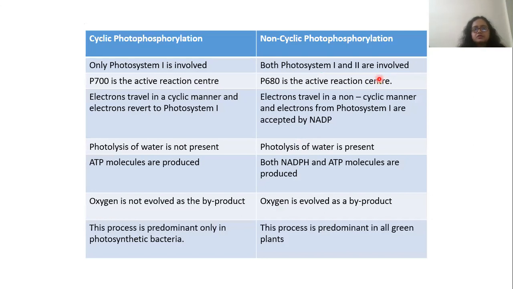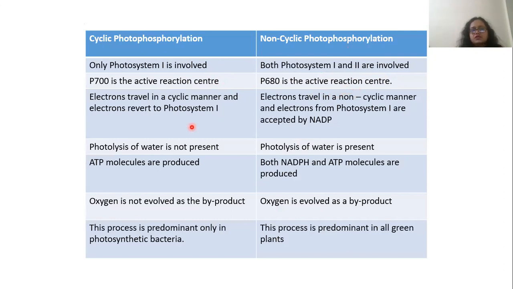Now we will summarize, or differentiate, between cyclic and non-cyclic photophosphorylation. In cyclic photophosphorylation only PS1 is involved, while in non-cyclic both PS1 and PS2 are involved. P700 is the active reaction center of cyclic photophosphorylation, while P680 is the active reaction center of non-cyclic.